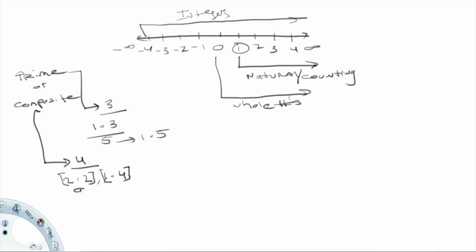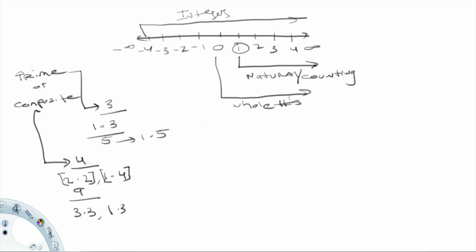Same thing with 9. 9 is 3 times 3 and 1 times 9. So these are composite numbers, and these are prime. So we have integers, and within the integer number set are whole numbers, and within the whole number set are natural counting numbers, right? And then if you were to take any integer, you can either classify it as prime or composite.